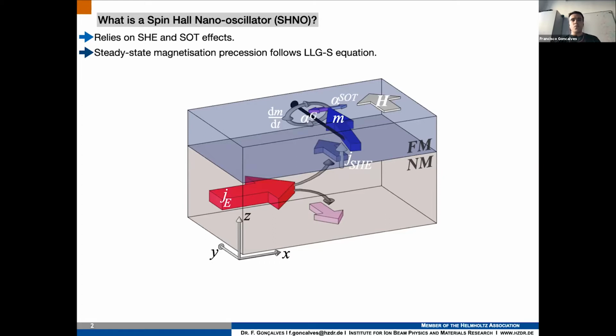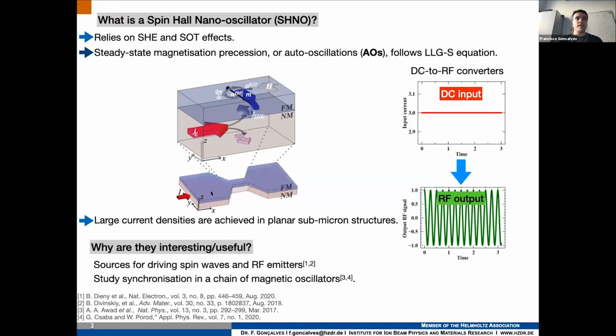And then the thermally driven spin waves or spin excitations give rise to sustained magnetization oscillations. One of the requirements here is that we need large current densities so that this countering of the Gilbert damping is sufficient. And this is normally achieved in planar nanostructures.